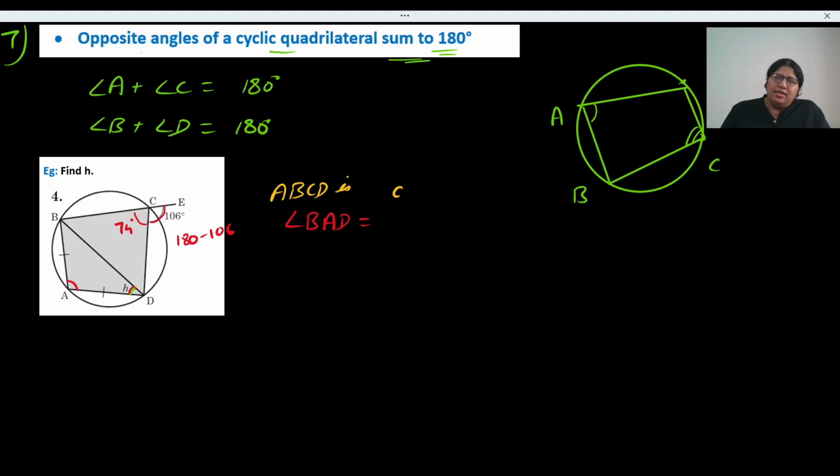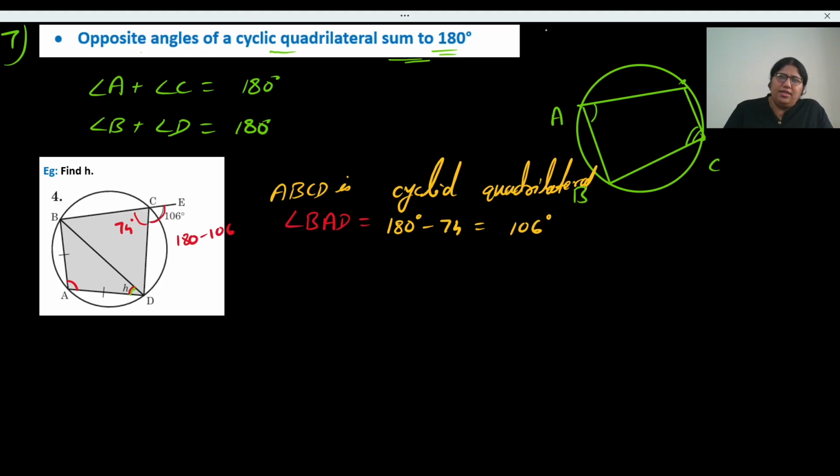ABCD is a cyclic quadrilateral, so any property related to a cyclic quadrilateral I can use. So angle BAD will be equal to 180 minus 74 degrees, which is 106 degrees. Sometimes, because you have extended this angle, the exterior angle will always be equal to the opposite interior angle, right? So this angle is 106 degrees.